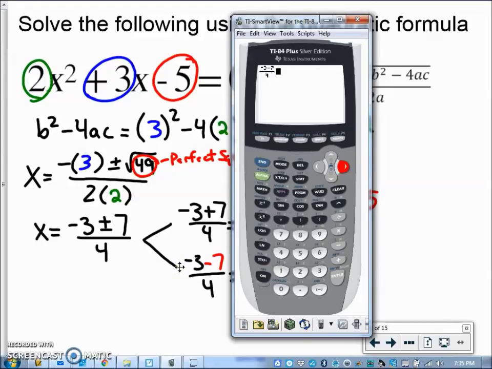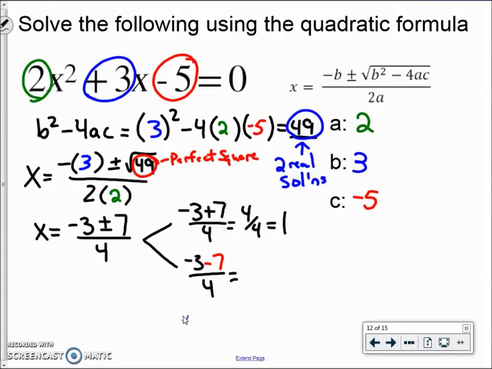Plugging this part of the equation into my calculator as -3 minus 7 over 4, I end up with -5/2 as my other answer, which means my solutions are x is equal to 1 or x is equal to -5/2, which of course I can check in my calculator.